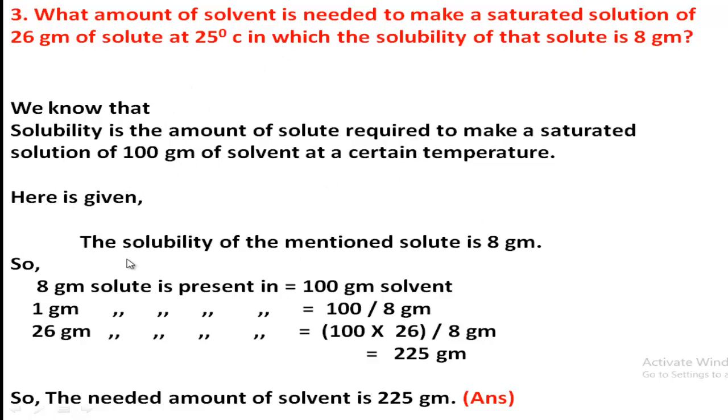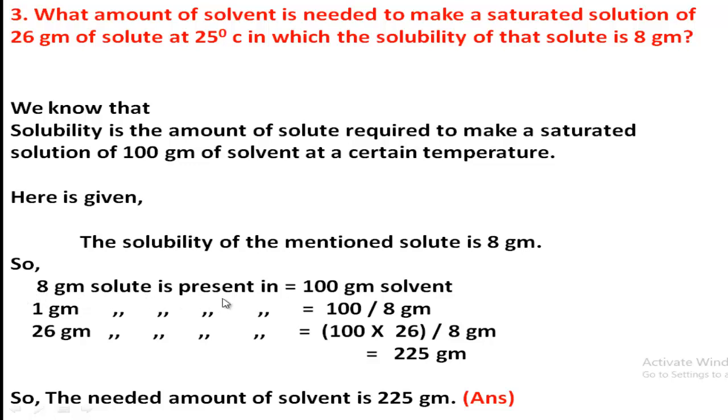Same as before. Now here the solubility of the mentioned solute is 8 gram. We have to determine the amount of solvent and the amount of solute is given. So here you have to write the sentence in an arranged way. Since you have to determine the amount of solvent, you have to write the amount of solvent on the right side and keep the amount of solute on the left side.